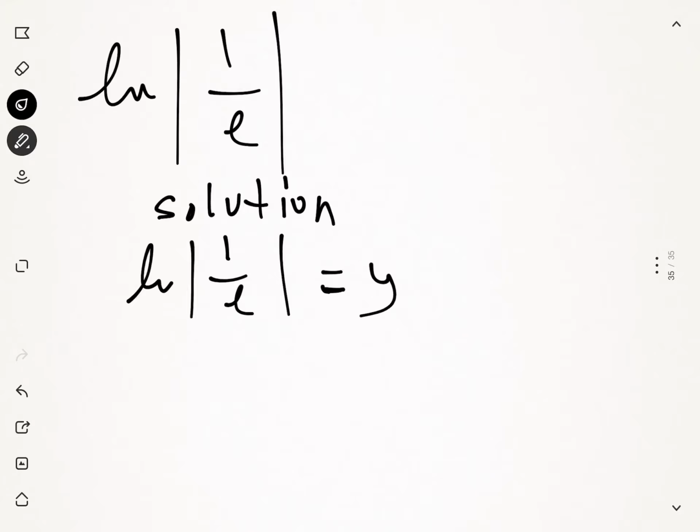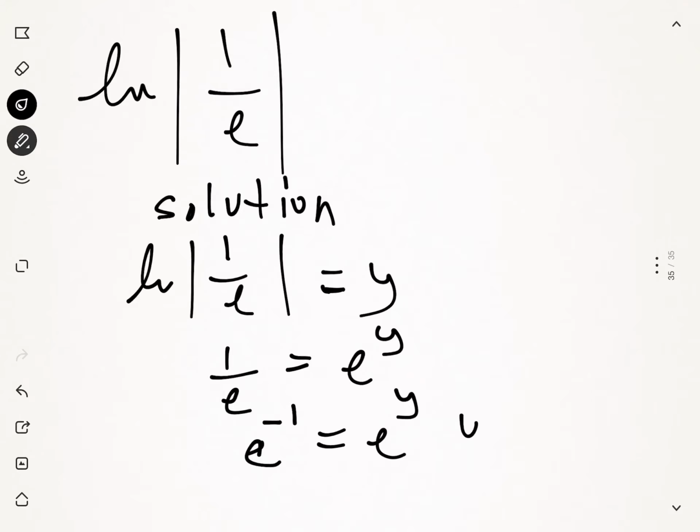If I exponentiate the left side, I end up with 1 over e. If I exponentiate this side, I get e to the y. Now, very easily you can see that 1 over e is the same thing as e to the minus 1, which equals e to the y. So y equals minus 1. And that's it.